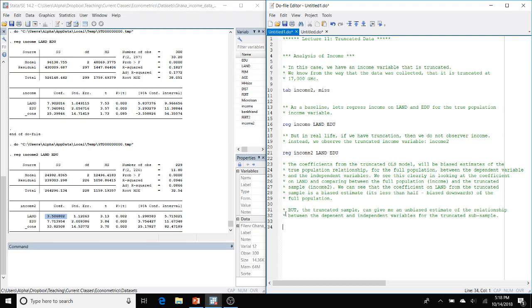So this means that 3.5, the coefficient on land, is a biased estimate of the relationship between land and income for the population of small farmers in Ghana.